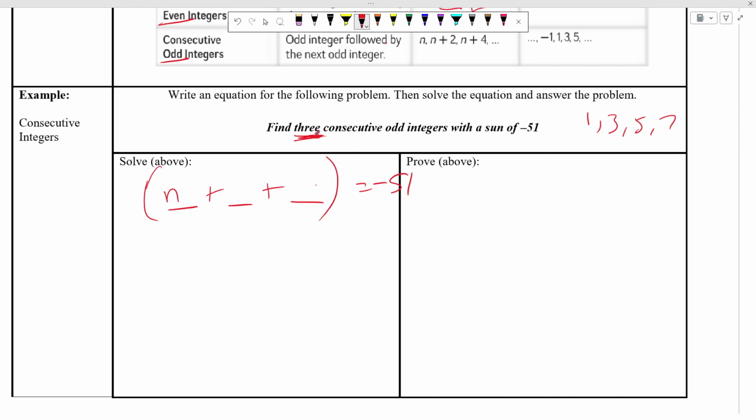And then if I'm doing in order odd integers, then I would have here an n plus 2, and I would have here an n plus 4 in accordance with this table up here, right? Skipping by twos. Anyways, now this may seem a little ugly, maybe daunting, who knows?